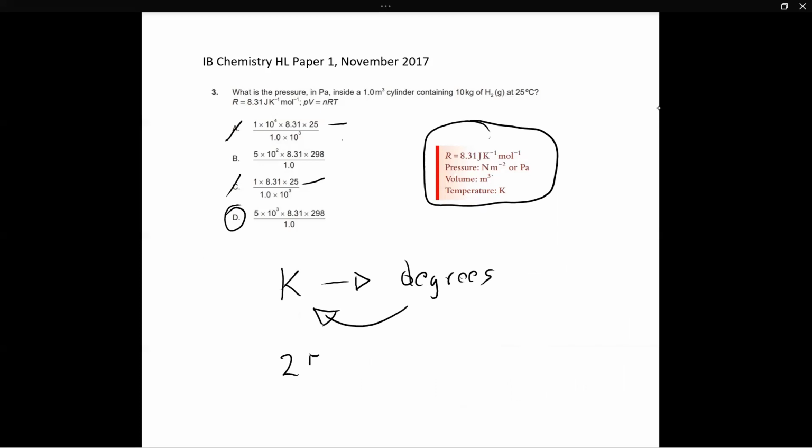If you have, suppose, 25 degrees, just add 273 and you'll get your answer in Kelvin. And again, of course, if you have Kelvin, suppose you have 298 Kelvin, just subtract 273 and you'll get your answer in degrees.